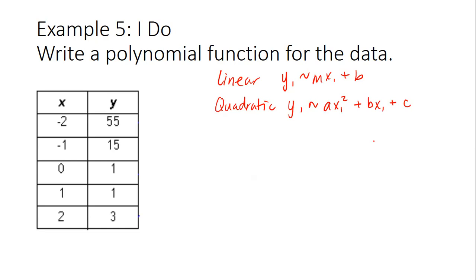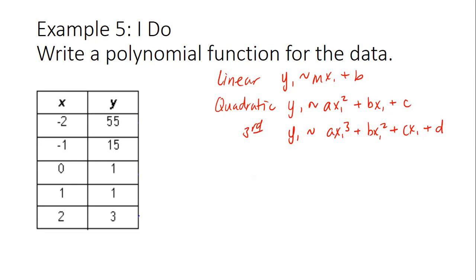So if I have a cubic, a 3rd degree, it's going to be y sub 1 tilde ax1 to the 3rd plus bx1 squared plus cx1 plus d. Do you see how the degree changed? It adds another term to the pattern.